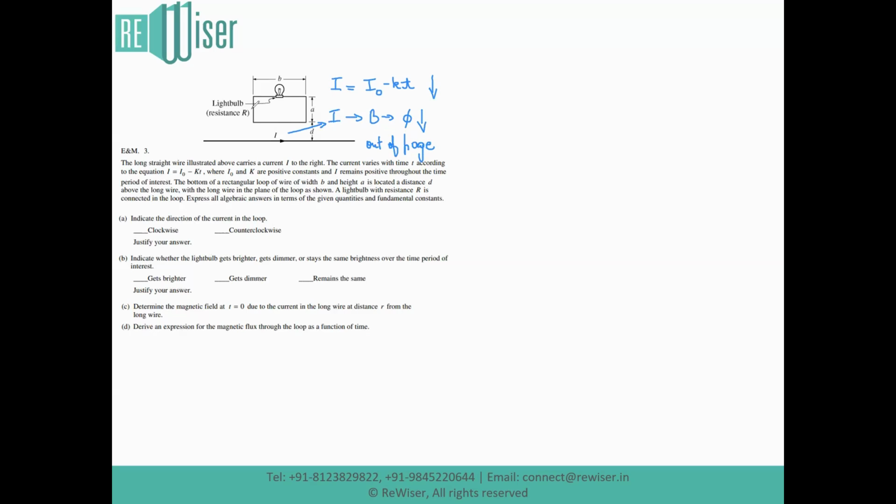Since the current induced in the loop should be such that it opposes the changing magnetic flux, given by Lenz's law, we also understand that the current in the loop should produce an increasing magnetic flux that is out of the page, so that it counters the decreasing magnetic flux that is produced out of the page, thereby reducing the changing flux to 0.